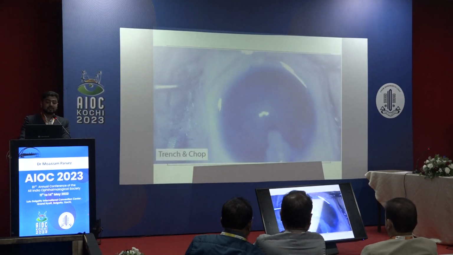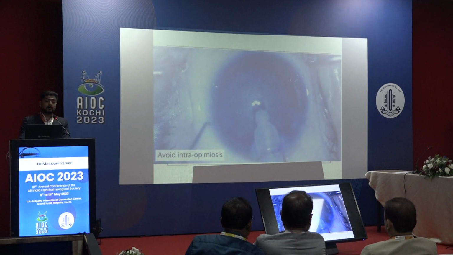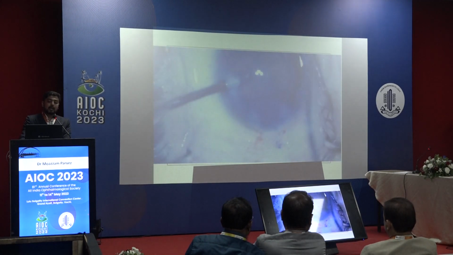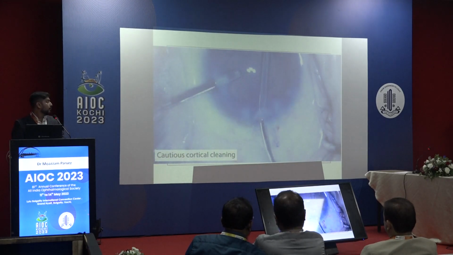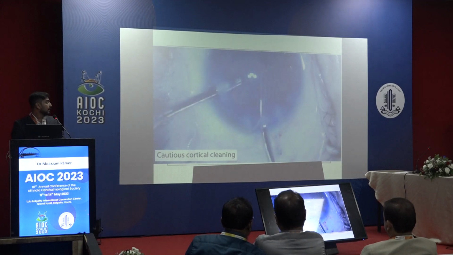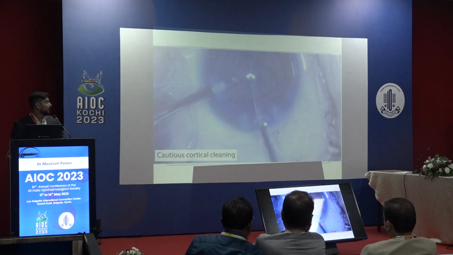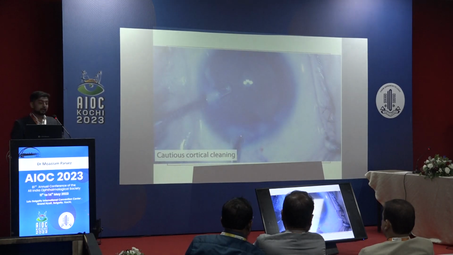Moving ahead with further steps, a conventional trench and chop is done to do the nuclear management in this case, which would be followed by quad mode, and now cautious cortical cleaning is done quadrant by quadrant by manual irrigation aspiration, where the irrigation is kept stable and the aspiration probe goes in the different quadrants and does cortical cleaning.